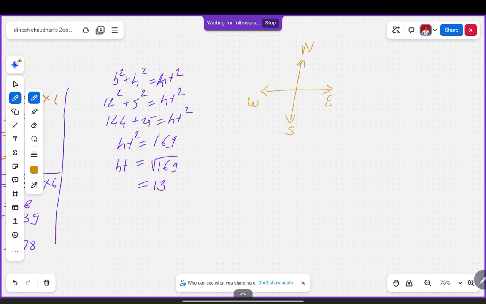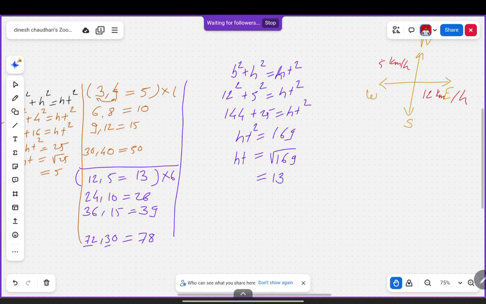We have two cyclists. One cyclist is moving in the north direction, the other is moving in the east direction. The east-moving cyclist is moving at a speed of 12 kilometers per hour, and the cyclist moving north is moving at 5 kilometers per hour. So after 1 hour, what will be the distance?